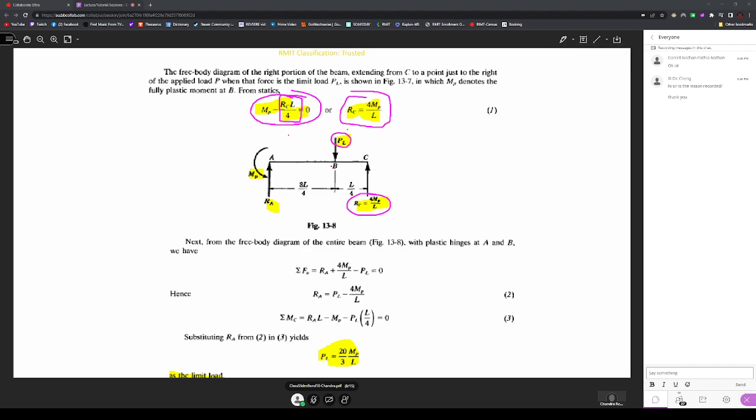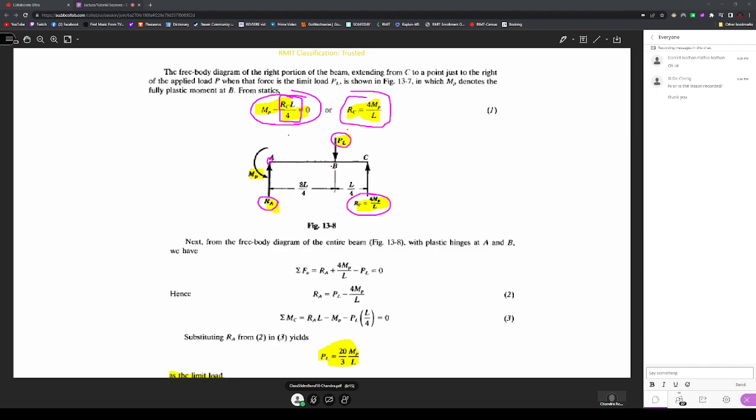Now the reactionary force at A, we try to find out. Because A is also a plastic hinge, A also reaches fully plastic state. So the moment at this is plastic moment MP. Now we find out RA.